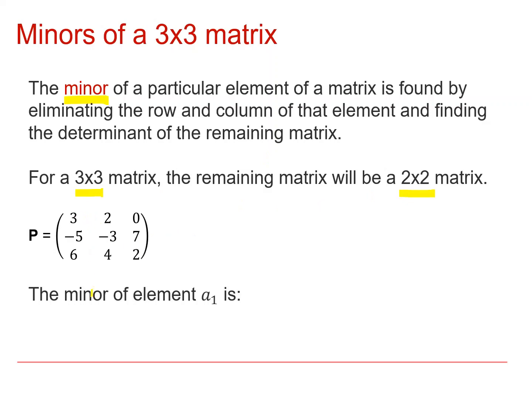So if we want the minor of element a1, I remove its row and I remove its column, and I'm left with this matrix here, and I want the determinant of that matrix. So I want the determinant of -3, 7, 4, 2, and that's going to be -6 take away 28, which gives me -34.